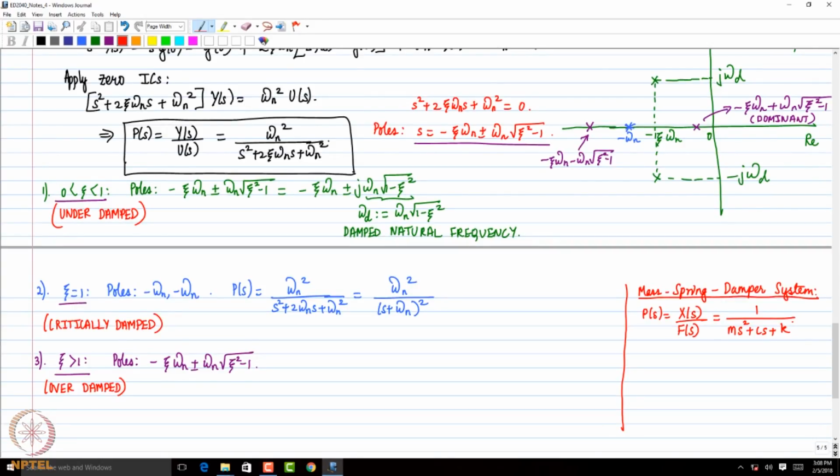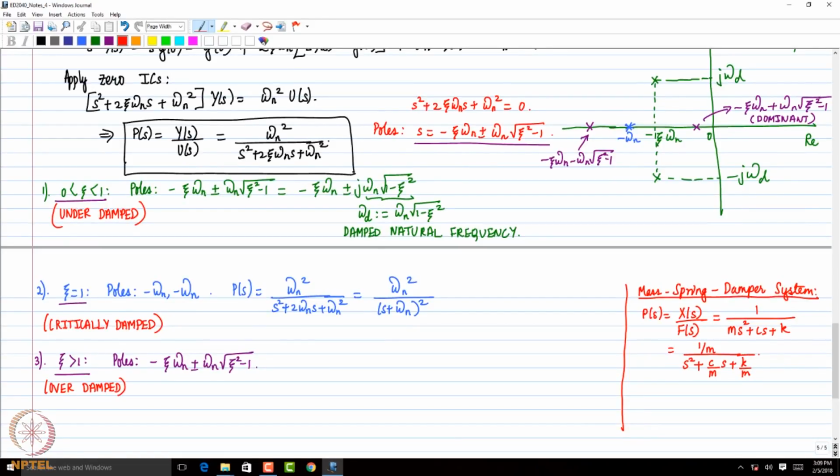If you want to bring it to the same form as the transfer function that we have derived, let's divide both the numerator and denominator by m. This will give us 1 by m divided by s squared plus c by m s plus k by m.